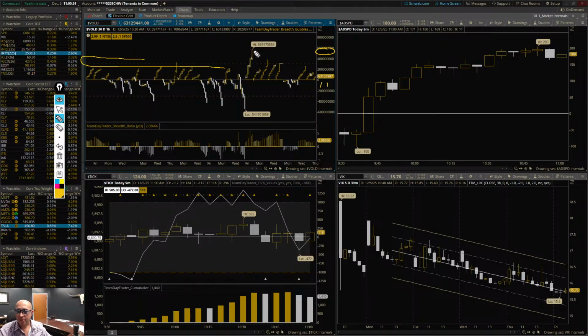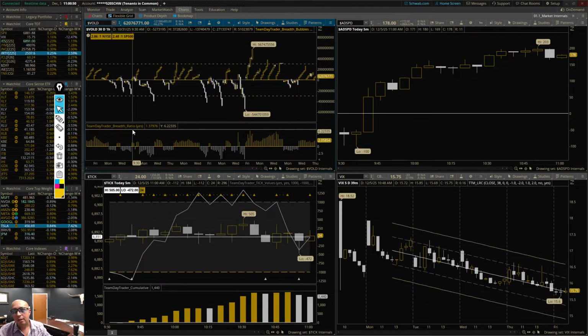Again, when you get these trending markets, you'll get the volume over or under these markers. And again, it's not one indicator that's going to be the magic and that's it.